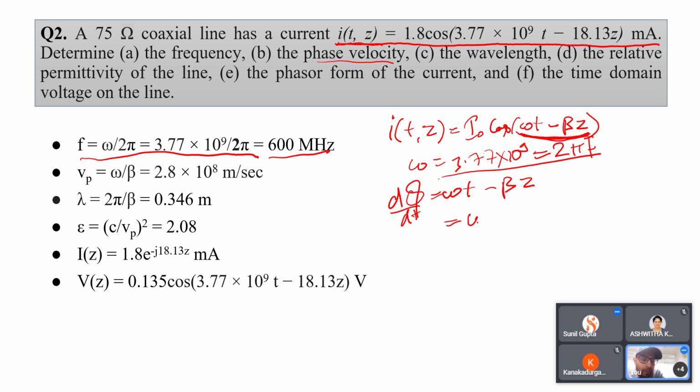This becomes omega minus beta dz by dt, which equals 0. This dz by dt is the phase velocity. So phase velocity vp equals omega over beta. From here you can calculate the value of the phase velocity.